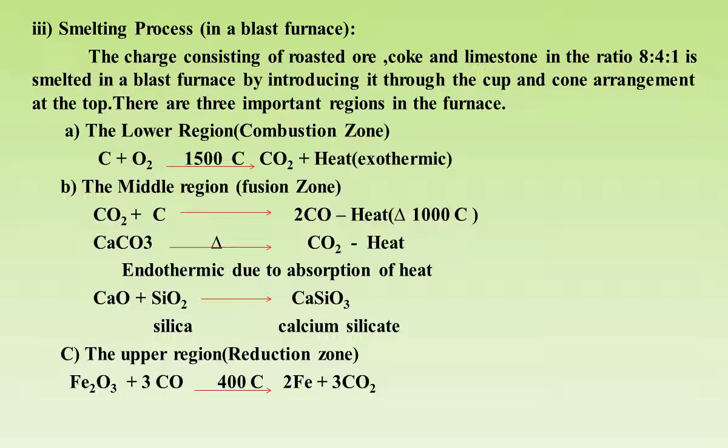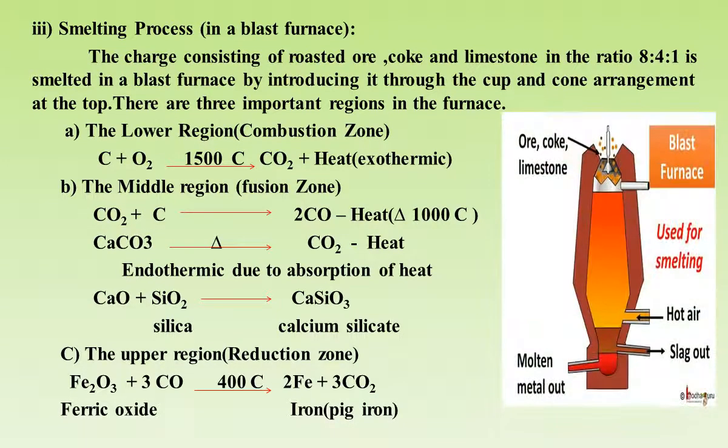So in these three regions, each region gives its own products. In the lower region, the combustion zone, we get carbon dioxide and liberation of heat at 1500 degrees Celsius.